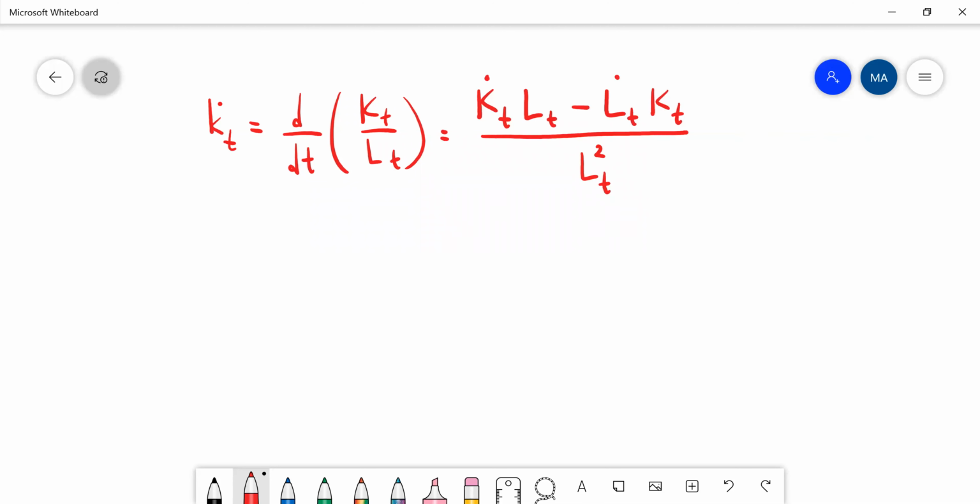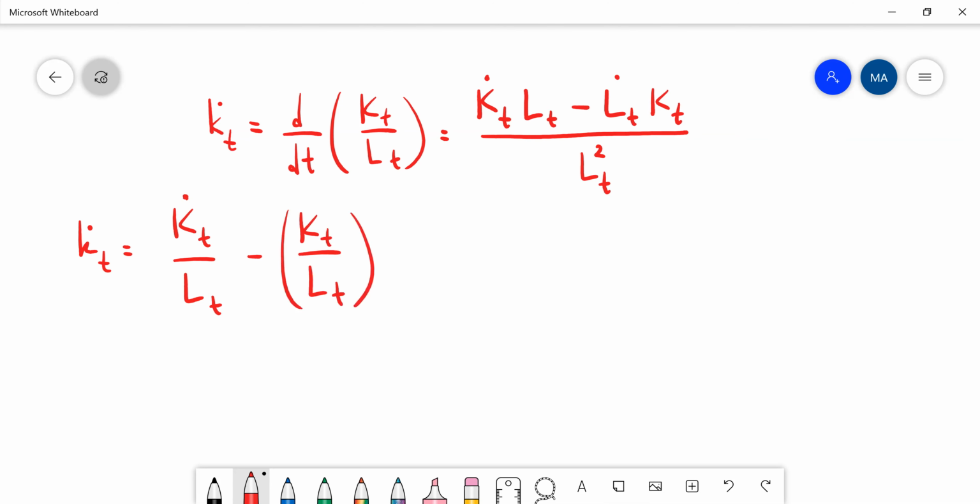So what do I know? So let's elaborate this a little bit more. So I have K dot t divided by L_t minus, careful here, K_t L_t times L dot t over L_t, right?